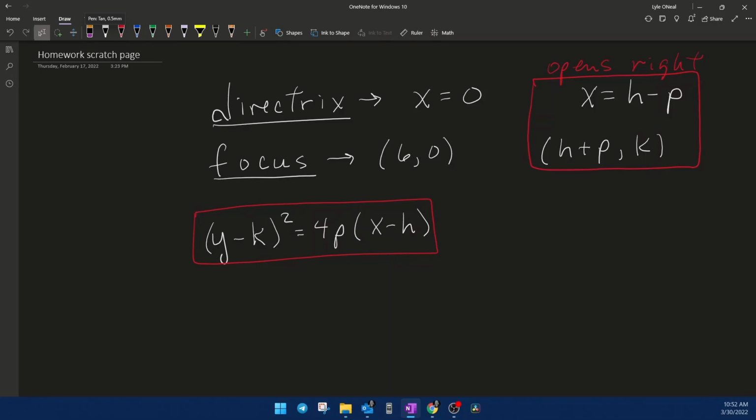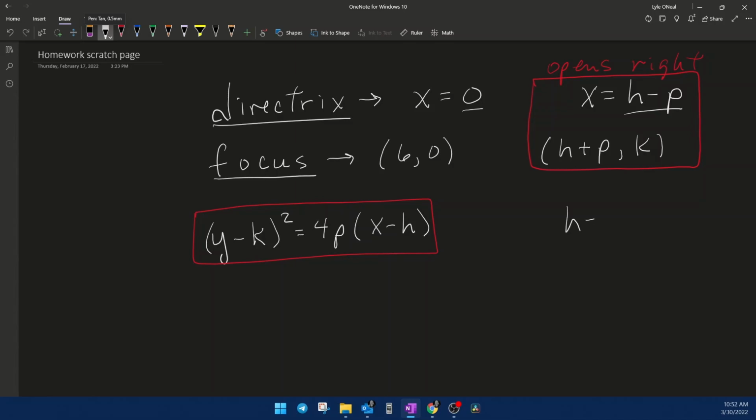All right, so back to our scratch page, what I've done here is copied some of the formulas from our information sheet over, knowing that the directrix is h minus p, but you can see our directrix was equal to 0, and so we can actually extrapolate an equation from that.